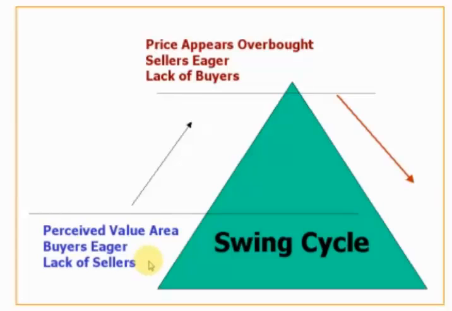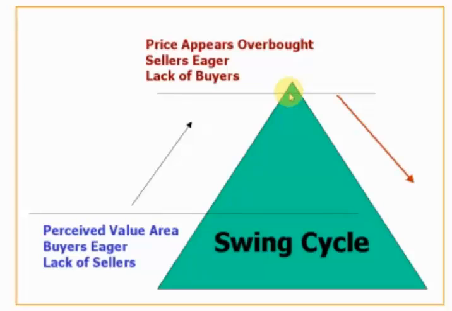They realize that, hey, the price could go higher. As the price climbs, the further the price goes, and this is the short-term cycle as well as the overall big cycle too, but the short-term cycle runs up into a zone where the price appears overbought to the majority of folks.